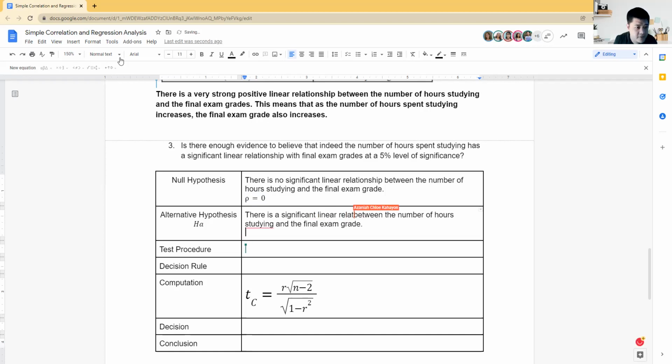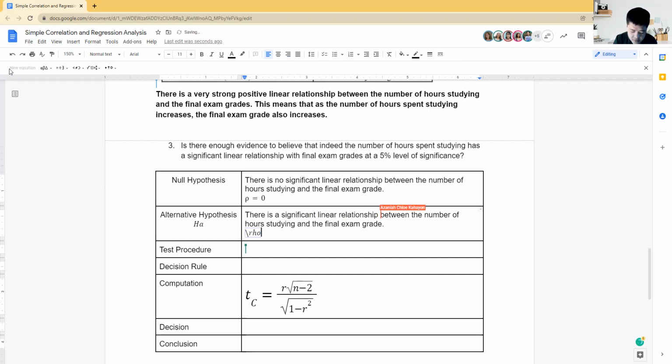For the alternative, we have rho is not equal to 0. Two-tailed. So two-tailed what? Two-tailed t-test. Very good, Aldea.